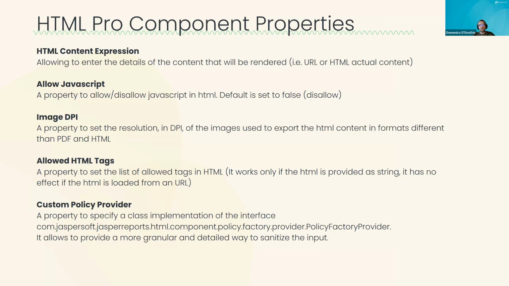There is another property, which is the image DPI setting, which allows you to set the DPI for an image that you want to render in order to set the resolution. Then there is Allowed HTML Tags. This property allows you to specify the list of tags that you want to be rendered from the HTML you provide.